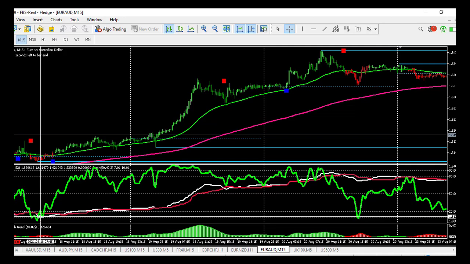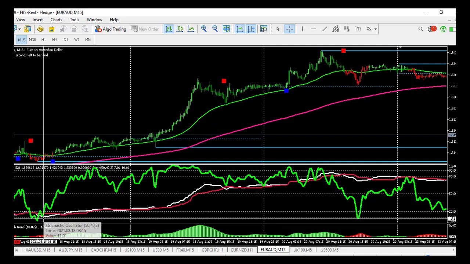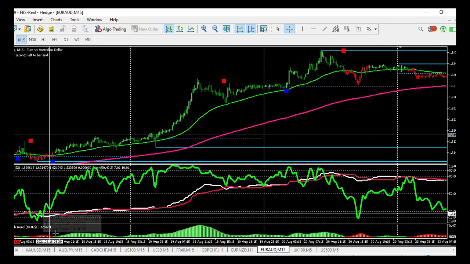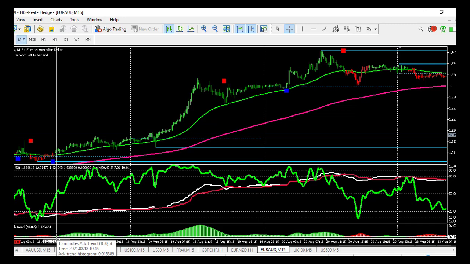This was the first crossing before retracing back to the line, and the cross here again. At this point, we look for the ADS trend to turn to green. And at this point, we have the signal.